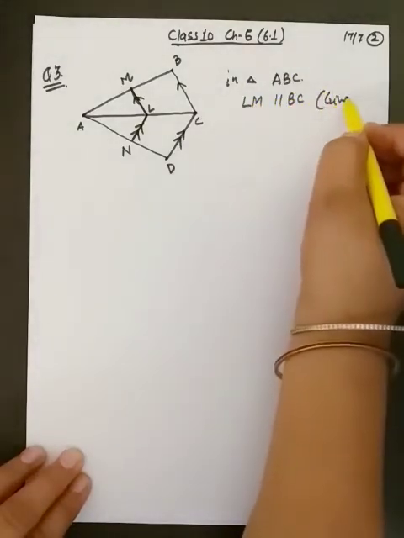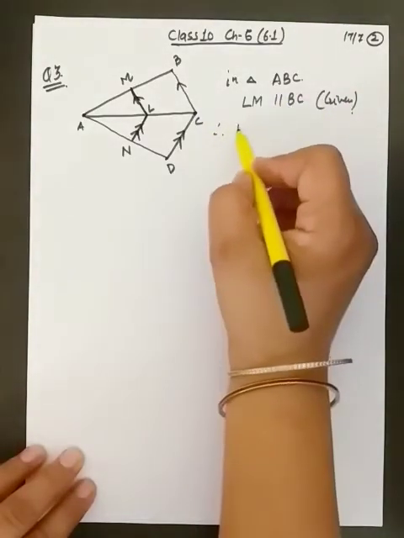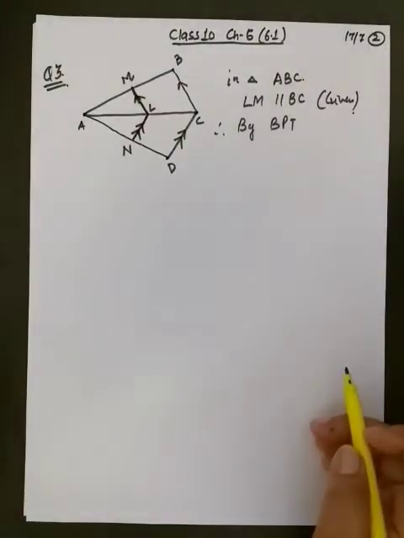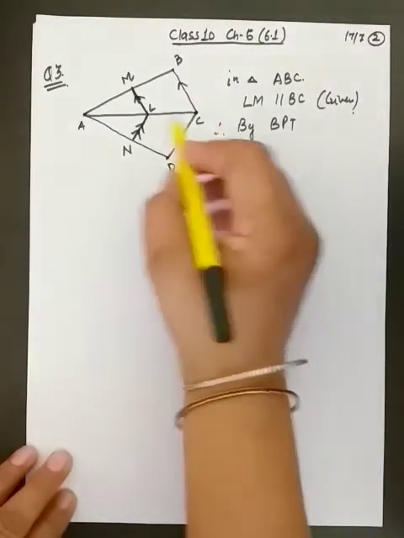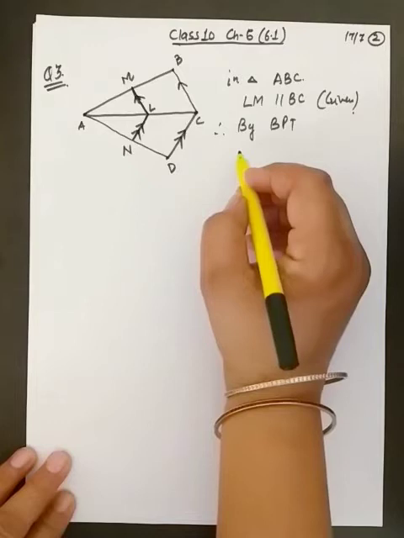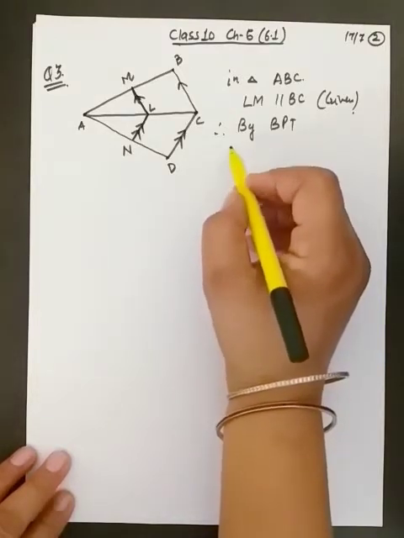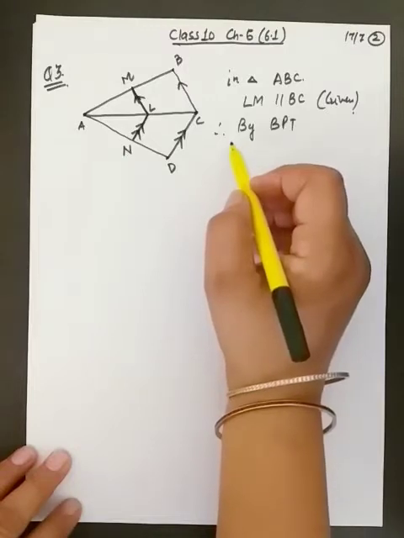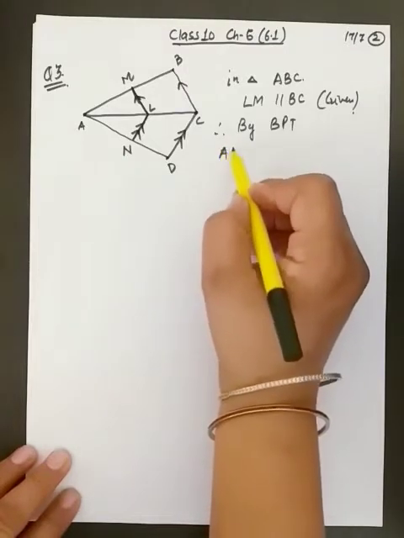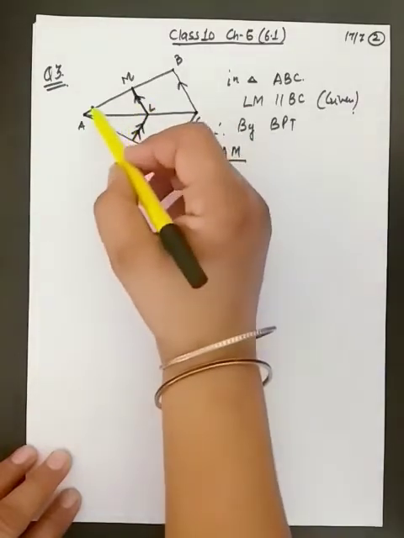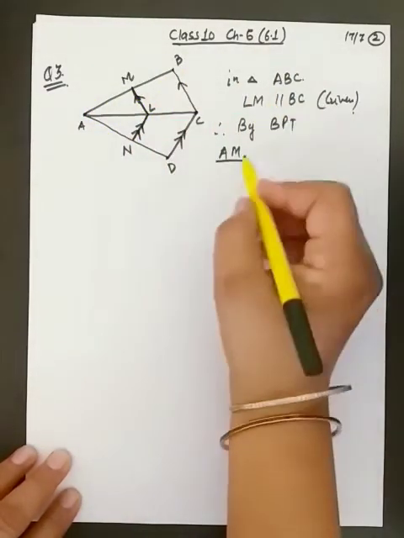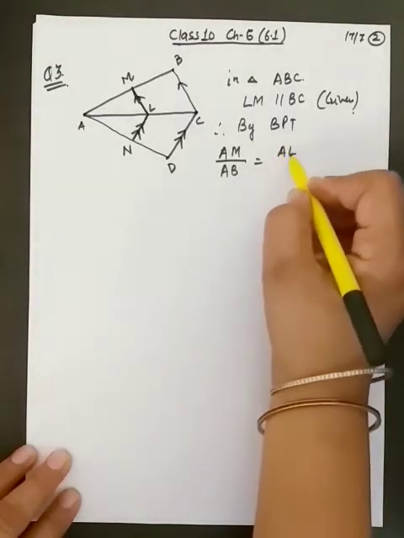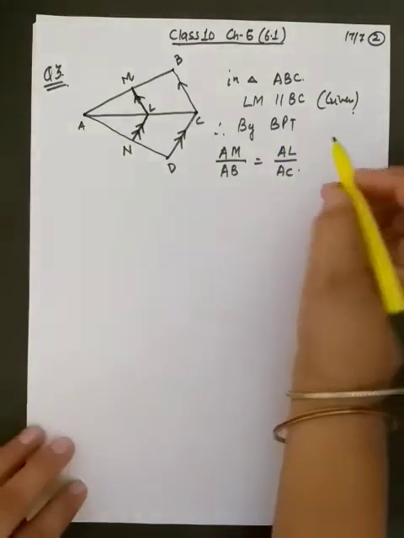This is given to you. Therefore by BPT, meaning basic proportionality theorem, we get AM/AB. I am taking the ratio of part and full length because of what we have to prove, equal to AL/AC.